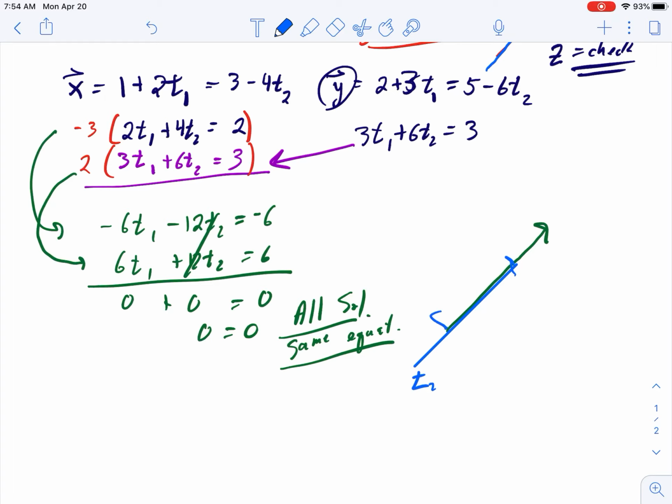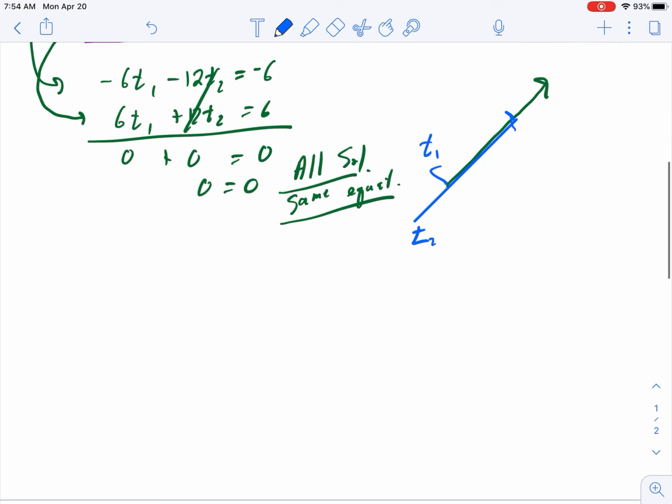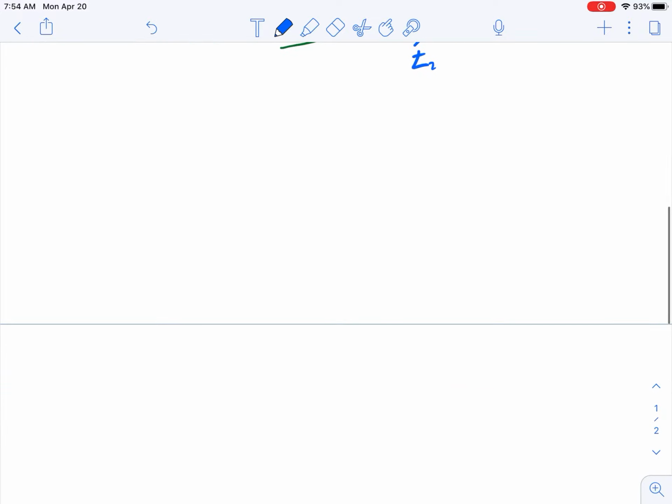This would be, let's say, time 2, and this here is time 1. Then we could determine how far apart these two particles or planes or whatever are, how far behind each other. Okay, so do I need to use z to check? No. Z to check is for when they're going to intersect. So let's do the other combination.